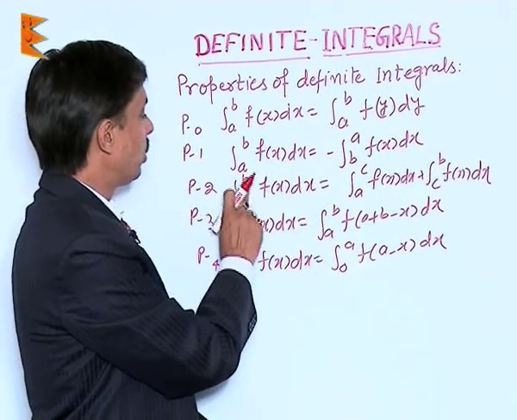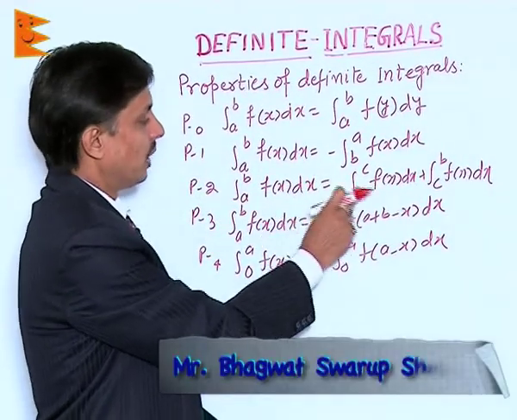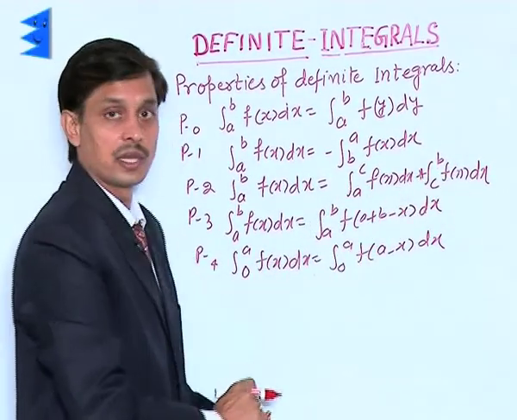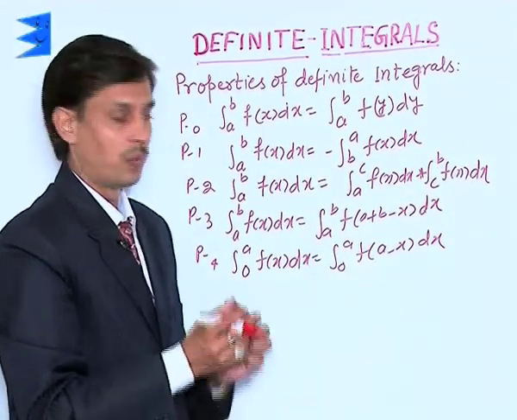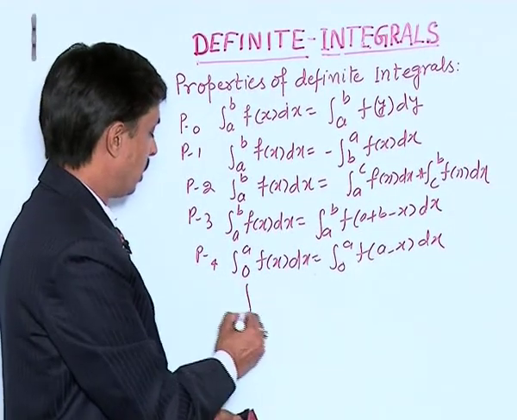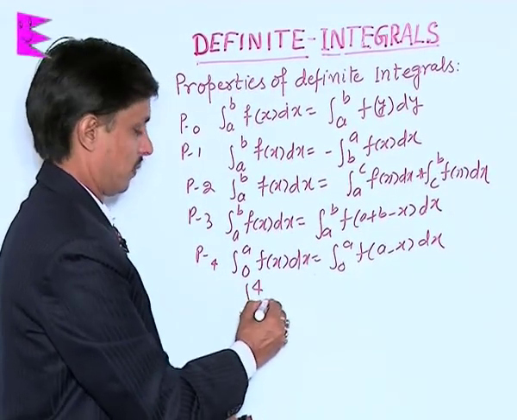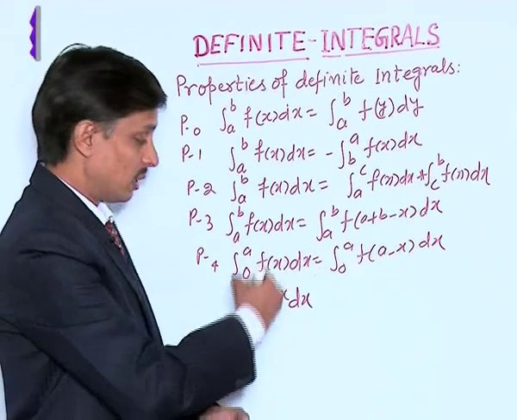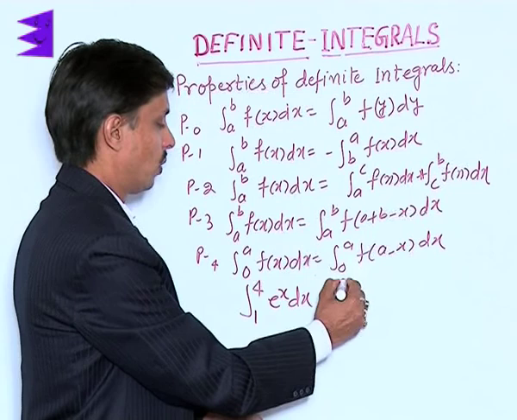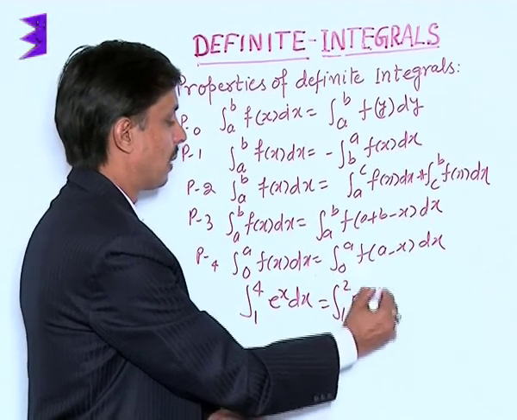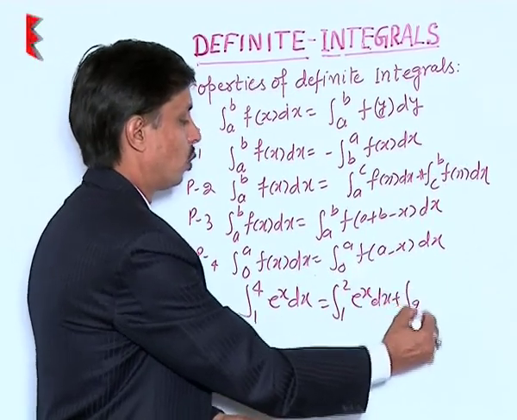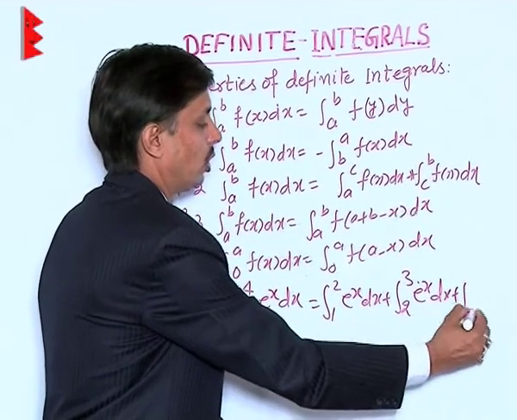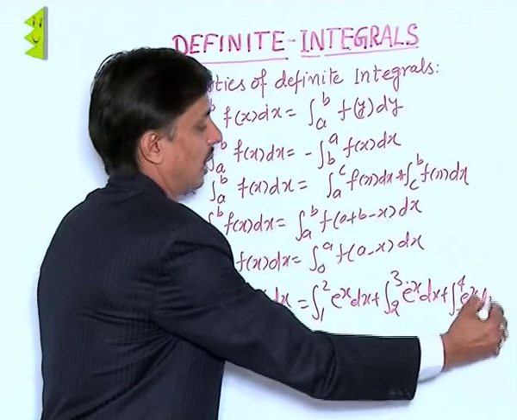Next, the integral from a to b of f(x) dx is the integral from a to c of f(x) dx plus the integral from c to b of f(x) dx. It's very simple. If I explain here, 1 to 4 and the question is e to the power x dx. This can be broken as 1 to 2 e to the power x dx, then 2 to 3 e to the power x dx, then 3 to 4 e to the power x dx.